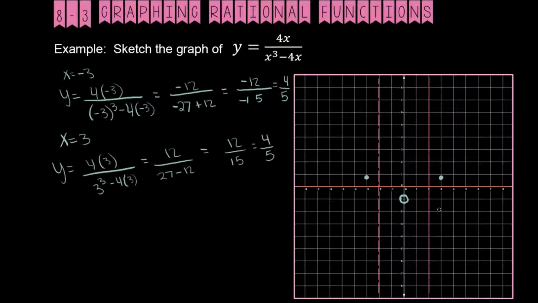So now that I have an idea of where my graph is going to lie, I can go ahead and draw in the graph following the lines of my asymptotes. I'm just going to approach them but never cross them.